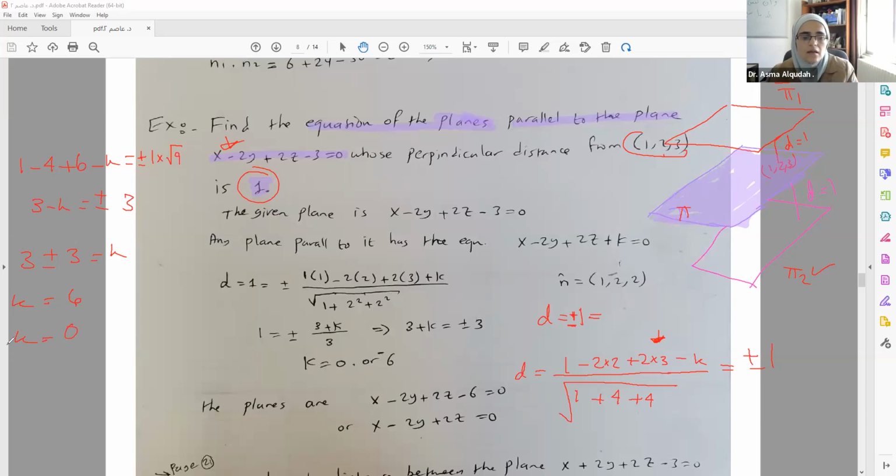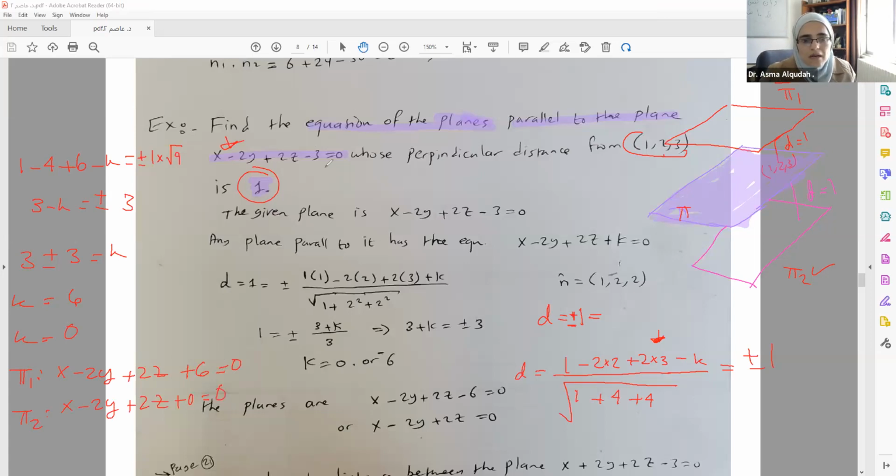The equation of pi 1 is x minus 2y plus 2z plus 6 equals 0, and the equation of pi 2 is x minus 2y plus 2z plus 0 equals 0. So these are the equations of the two planes.